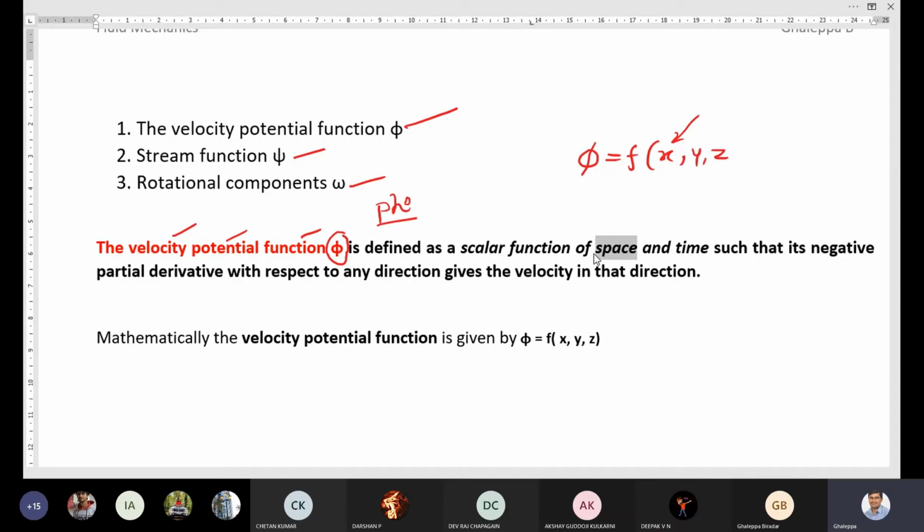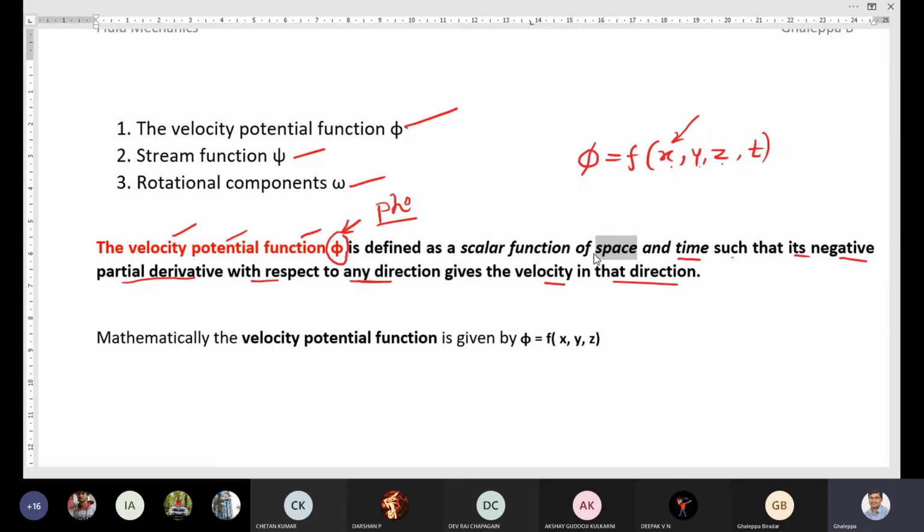It may depend on x, on y, on z, or on any other space coordinates, as well as time t, such that its negative partial derivative, the negative partial derivative of this phi function with respect to any direction, gives the velocity in that direction.